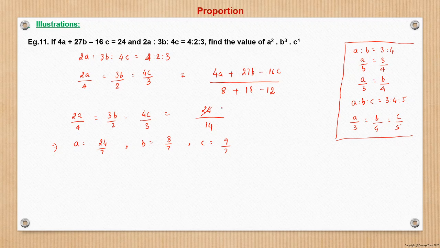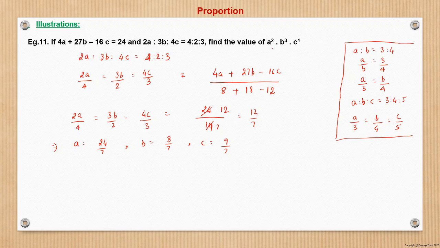This we can cancel, no. So this will be 12 and 7, so this is 12 by 7. So this will be 9 by 7, right? I'm just multiplying. 2a by 4 is equal to 12 by 7. So a is 24 by 7. So that way, a, b, c we have got.